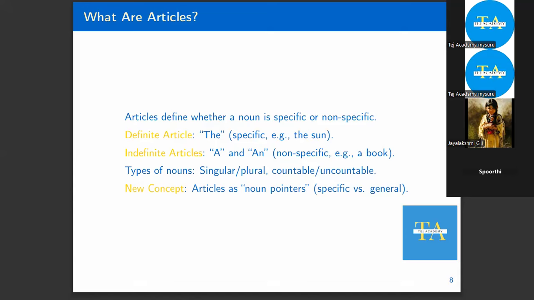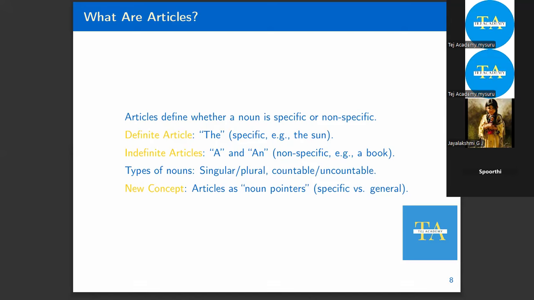And here is one more new concept that we should focus on, and that is articles as noun pointers, like specific versus general. Here we have specific statements and general statements. General statements are statements given in a general way, which we also call universal truths. Like, eating is good for health.